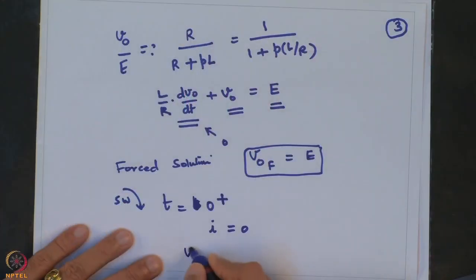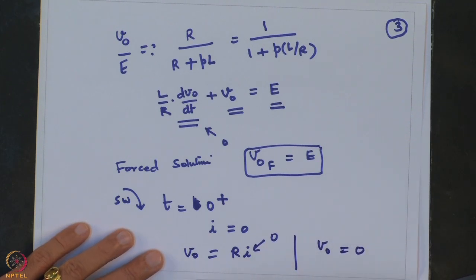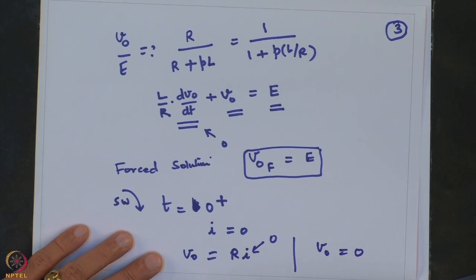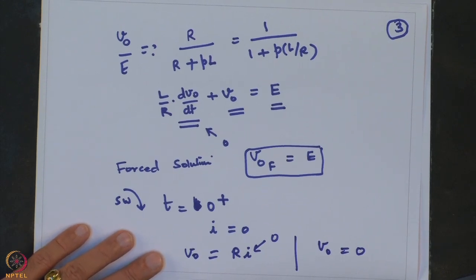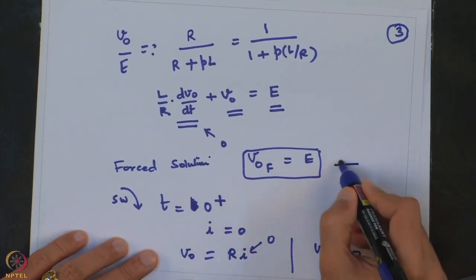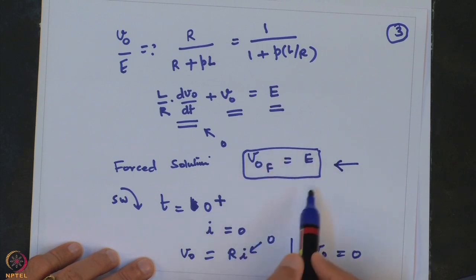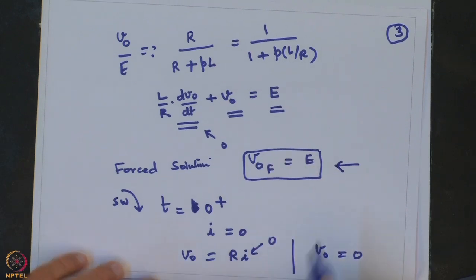Now, if I is equal to 0 immediately after the switch has been closed, then what will be VO? Now, we know that VO is nothing but R into I, and if I is 0, that means VO is 0 also. So, the voltage across the resistance, which we are saying is the output voltage, is 0 because the current through the inductor cannot change suddenly, which means that the solution which we just obtained, which we said is valid a long time after the switch has been closed, is no longer valid.